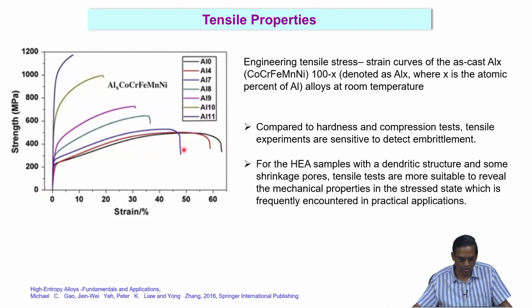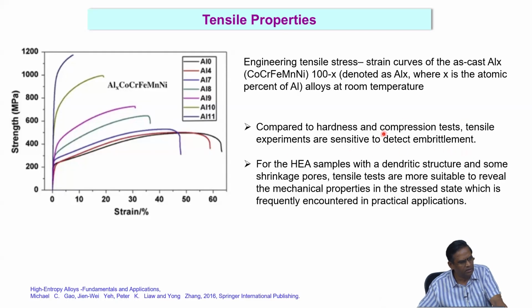It is similar to what we have looked at in hardness. Hardness and these curves will match, they are complementary. That is why it is written, compared to the hardness and compression test, tensile experiments are sensitive to detect embrittlement.